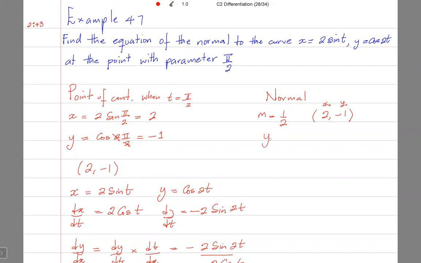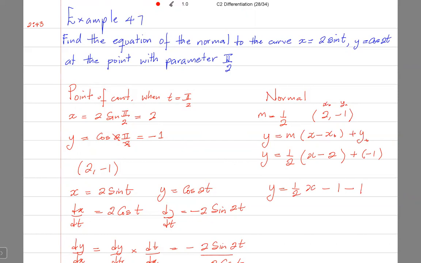This is y is equal to m into x minus x naught plus y naught. That's my formula. So y is equal to a half into x minus 2 plus minus 1. Distributive law, y is equal to a half x minus 1 minus 1.